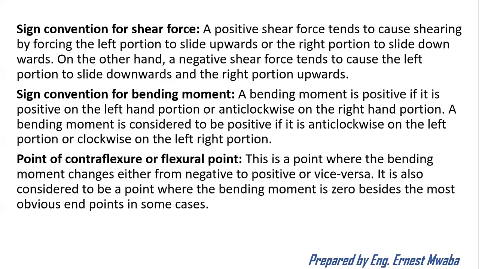Now, for such a point, we may decide to ask you to calculate and locate where it is. So you may pick a variable and say that at that point, your x is supposed to be equal to 0, and the moment at that point should be equal to 0. Then you plug in the various variables and parameters and you calculate. It will give you the distance at which that change from positive to negative is taking place.